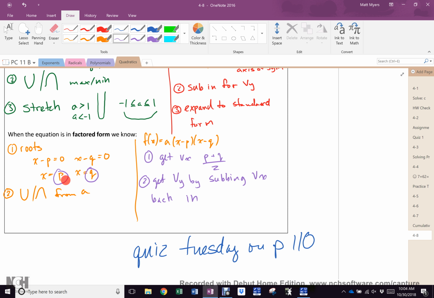So I'm going to write a question. I would recommend you have a piece of paper, some white space in your book somewhere where you can work out one of these. All right. Let's try this one.